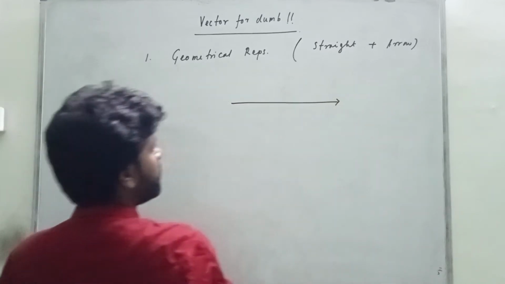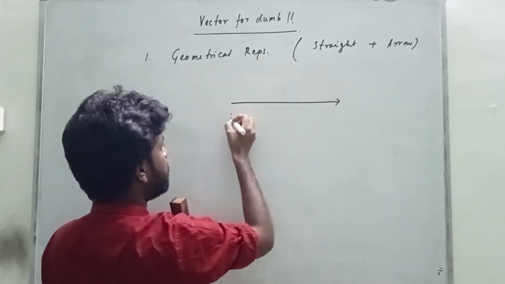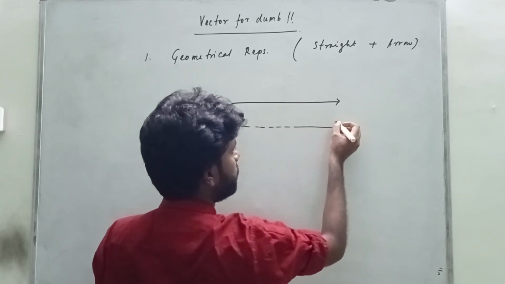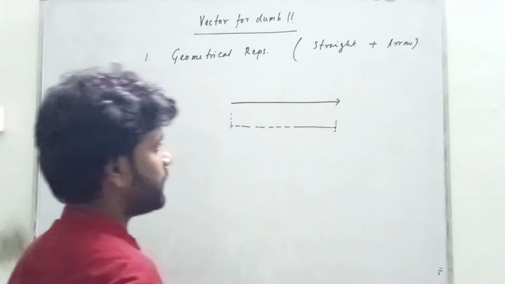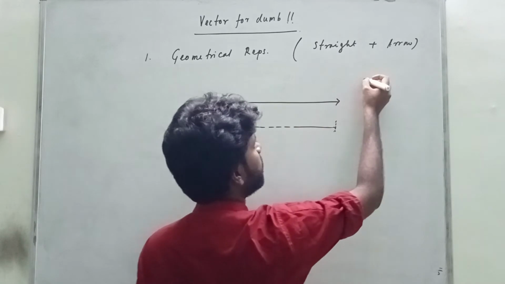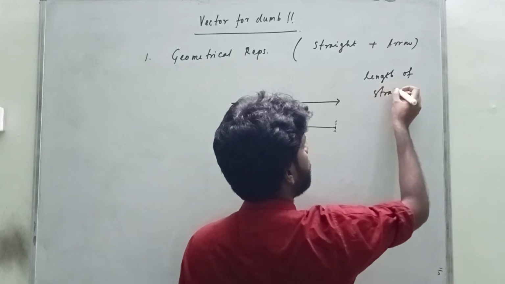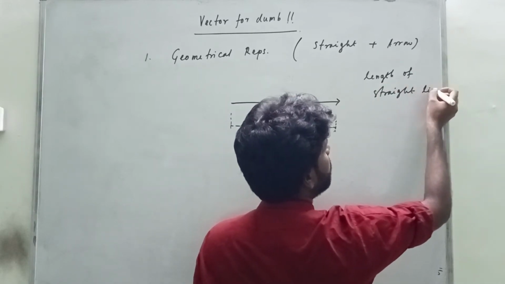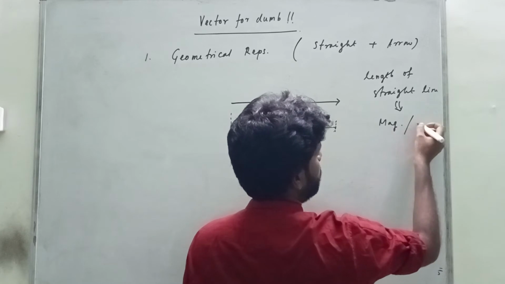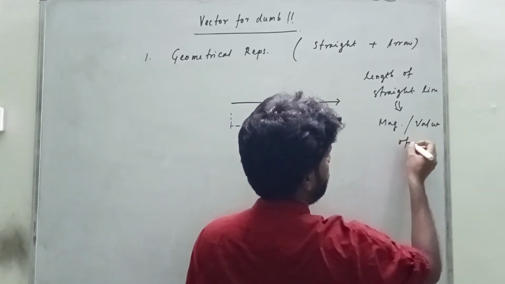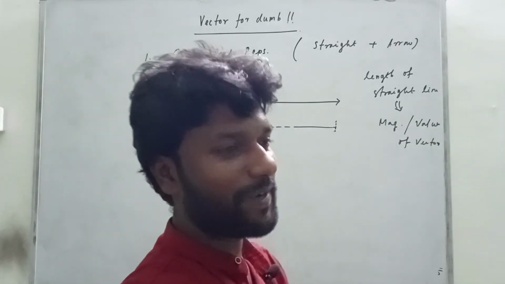The length of this straight line indicates the magnitude of the vector, I mean the value of the vector, and the arrow indicates the direction of the vector.